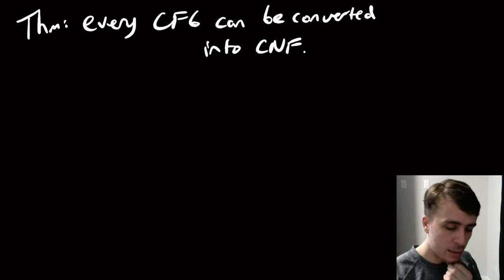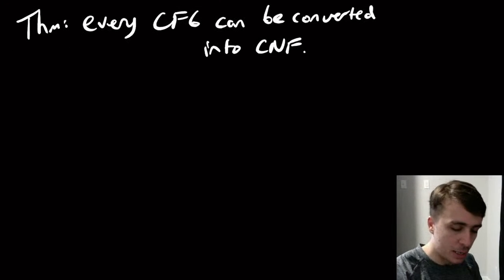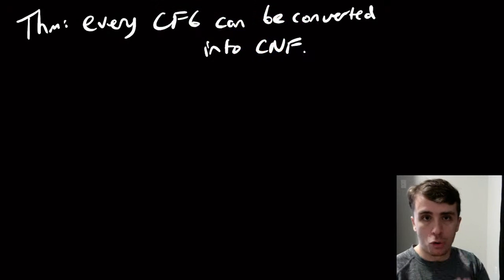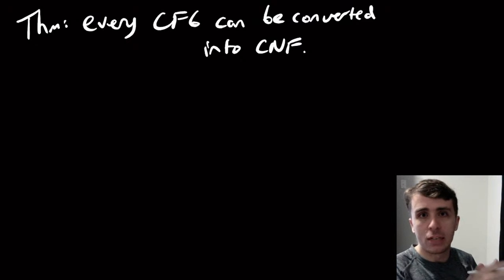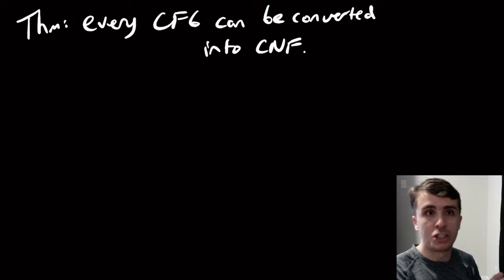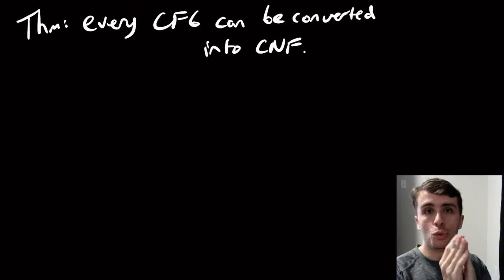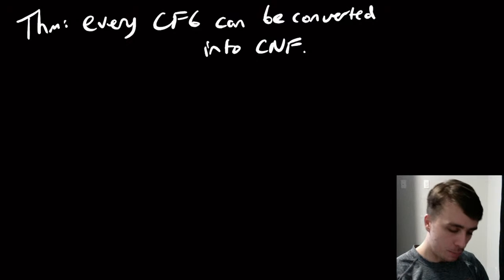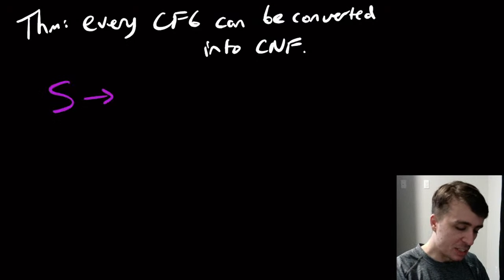So let's just do a grammar in particular. I've done on the channel the full proof of this theorem and an example, but for the interest of time and our sanity, I'm just going to do an example in tandem with the explanation. So let's do the balanced parentheses example.